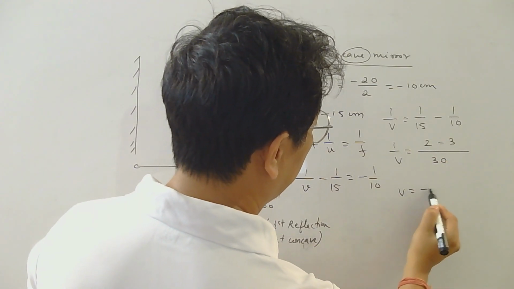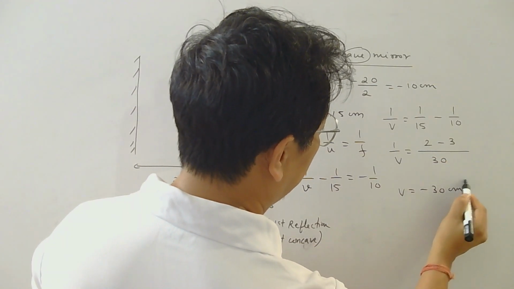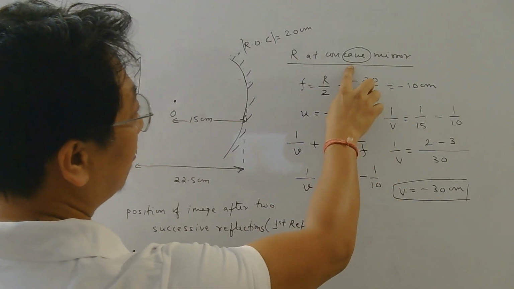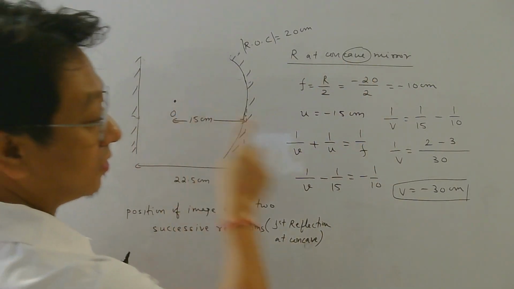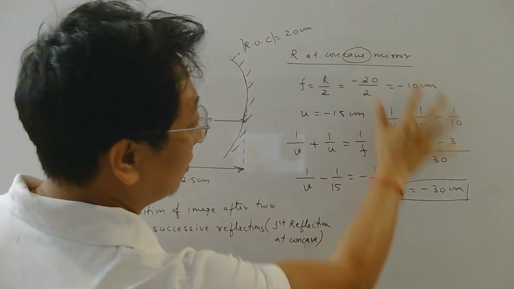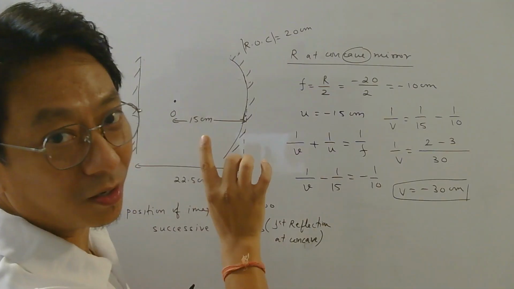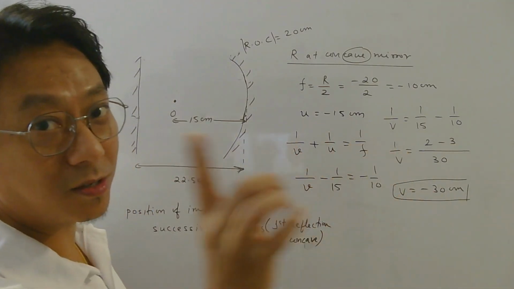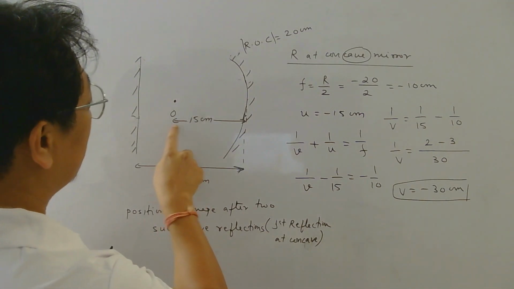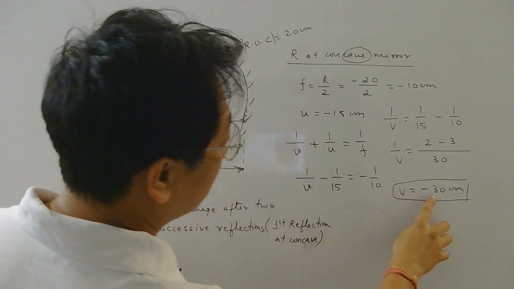So V will be minus 30 centimeter. So we found that the image formed by the concave mirror for this object is at a distance of 30 centimeter from the mirror, remember, because these calculations were done for the concave mirror. So all these distances are measured from the pole of the concave mirror, right? So the object was at 15 centimeter, the image is at minus 30.